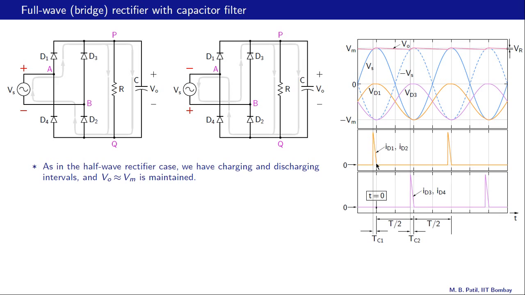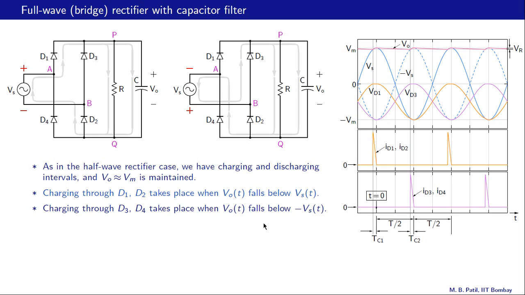And once again, the diode currents will turn out to be large compared to the load current. So those points are listed here.